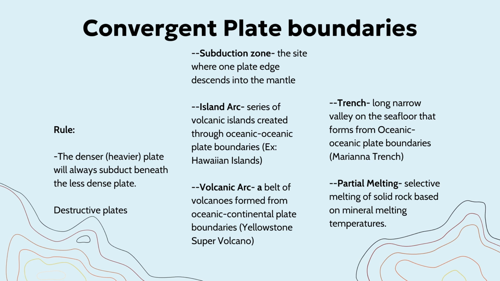An example is the Mariana Trench. Partial melting is what is responsible for the creation of volcanoes, island arcs, and volcanic arcs. It is a selective melting of solid rock based on mineral melting temperatures. Different minerals have different melting temperatures based on their composition.